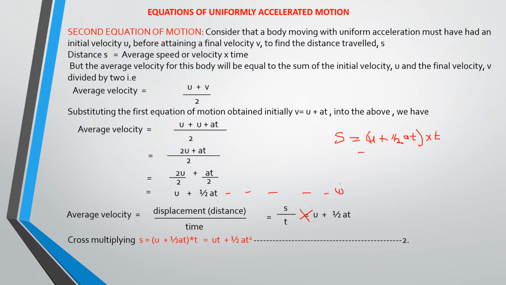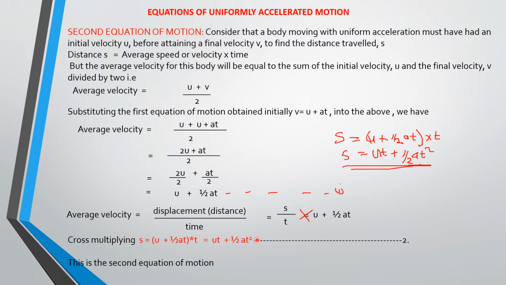This will now give you ut plus half at squared. So your s, which is distance, will be equal to ut plus half at squared. This is your second equation of motion. Is that okay?